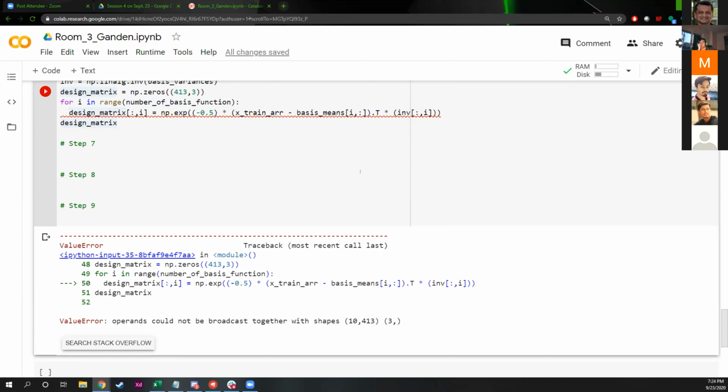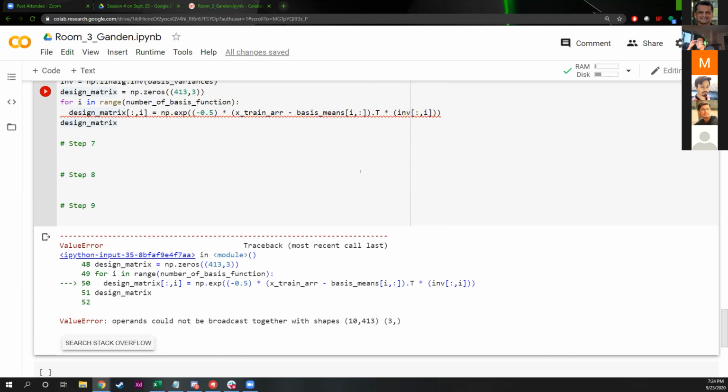You took the first row and subtracted it from x train. So it broadcasted and subtracted it entirely. So what you would get is 413 comma 10. Then you took the transpose, dot T, and then you're trying to multiply it with 3 comma 3, and that's the error you're getting while multiplying. So x train minus basis means is fine. Up till here we're fine.